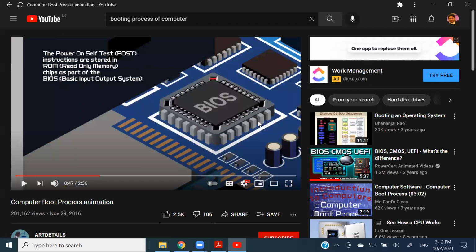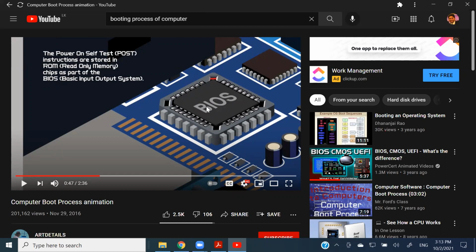BIOS, basic input output system, is a small chip on your motherboard, and it has details embedded into it by the manufacturer, saying what things are to be searched before the computer boots, before the computer has its operating system on the screen. It is a ROM type of memory, read-only memory.